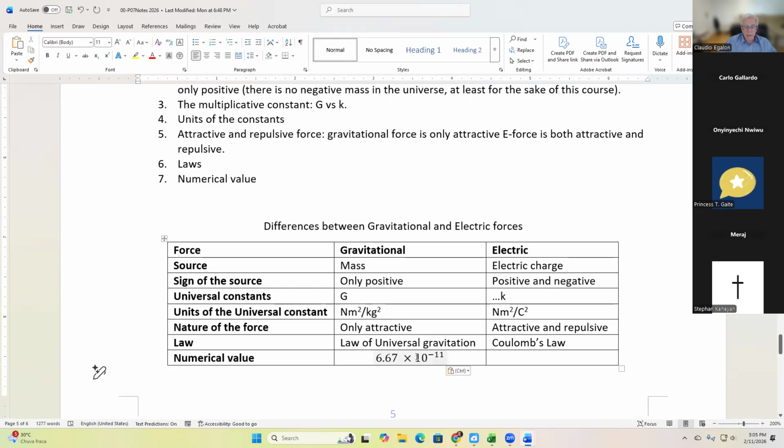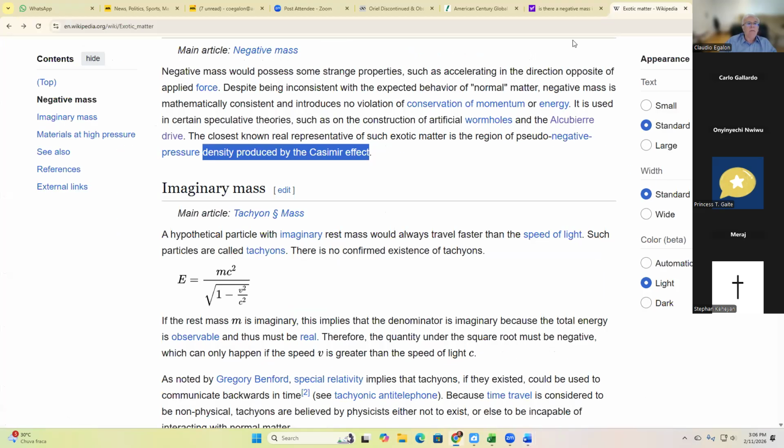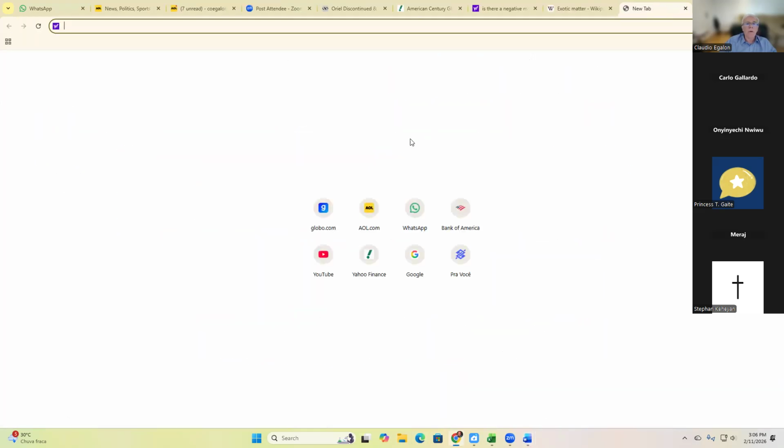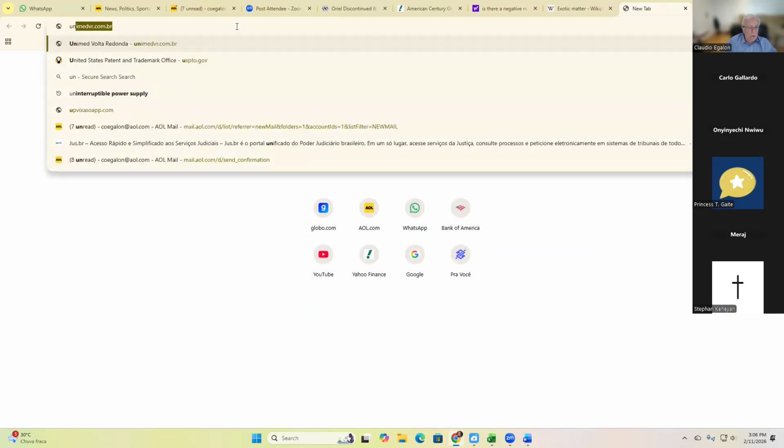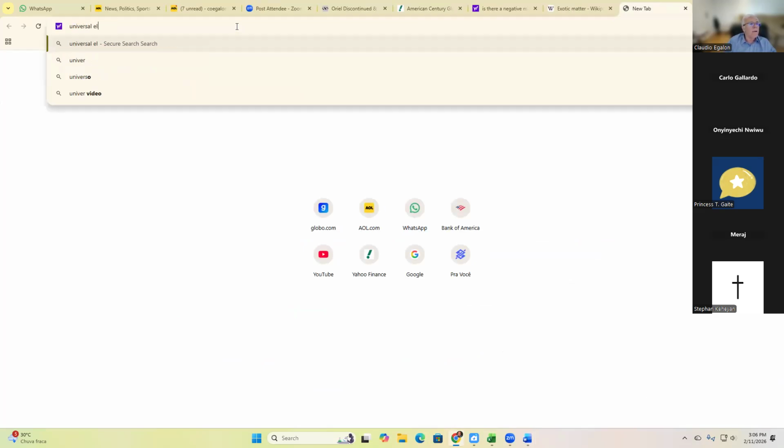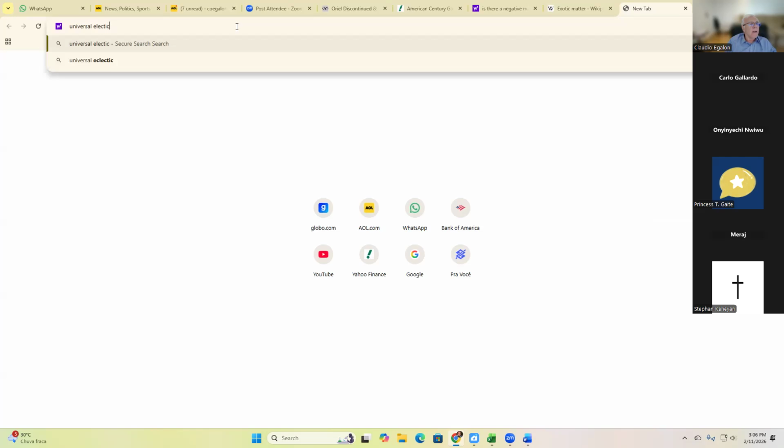Note that we have a 10 to the minus 11 here. And what else? K, what's the value of K? Okay, let's take a look at the internet. I'm not finding it here in my notes. Universal electric constant.